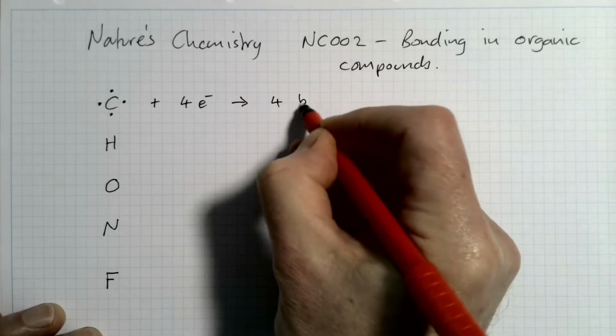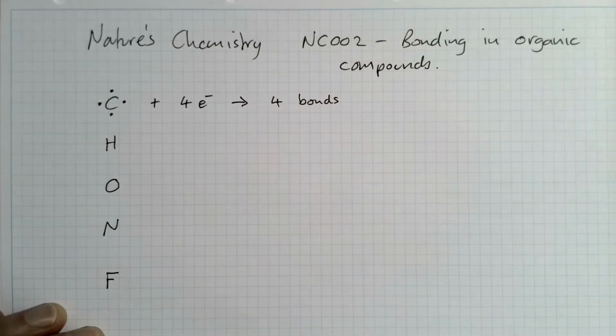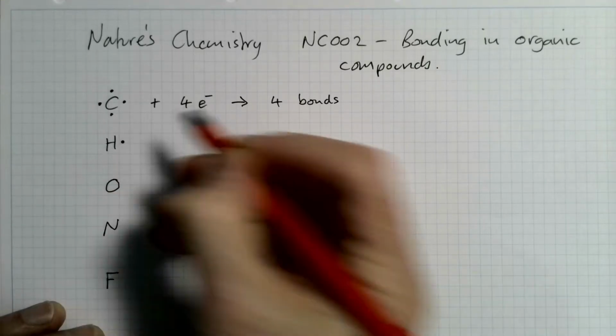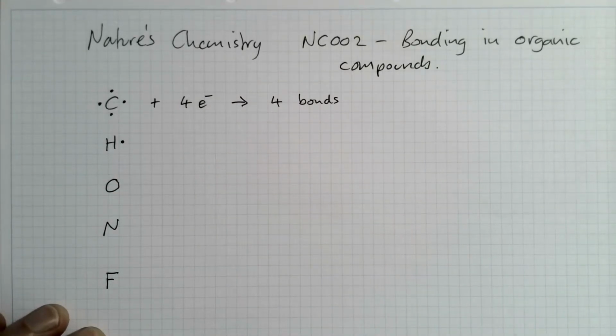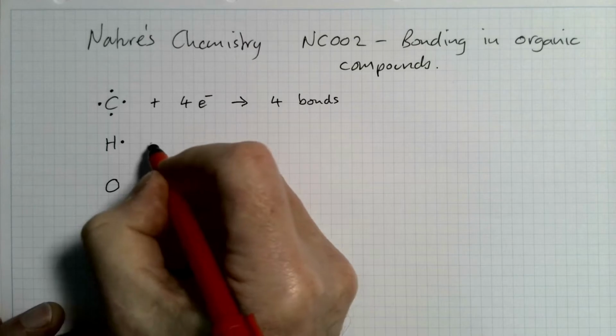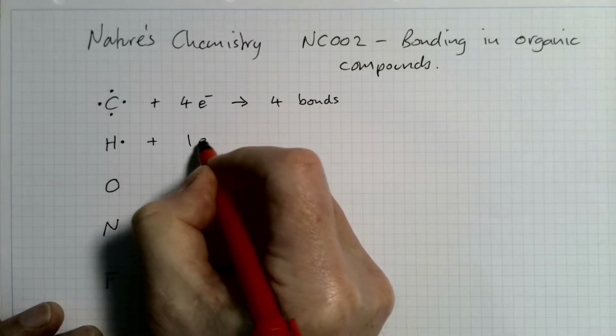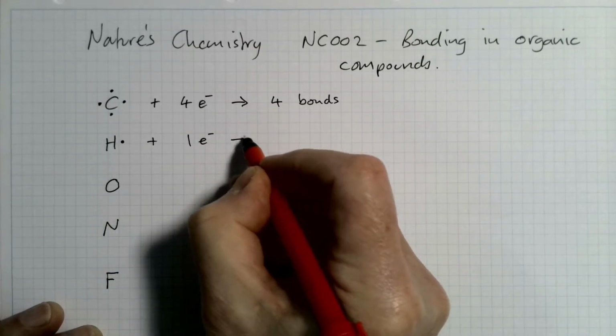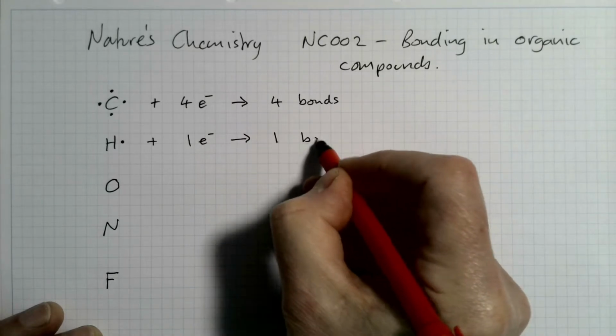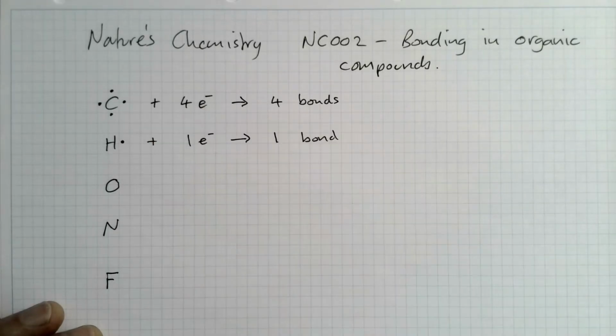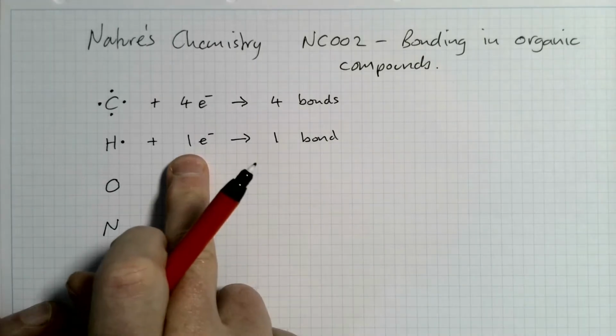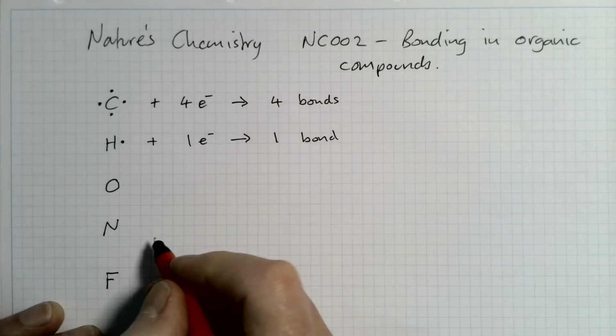Hydrogen has 1 electron in its valence shell. It only has 1 shell and has 1 electron in it. But because its valence shell is the first shell, which can only take 2 electrons, it can add 1 electron and it will make 1 bond. So you see the pattern here. You can squeeze in 4 electrons, you get 4 bonds. You squeeze in 1 electron, you get 1 bond.